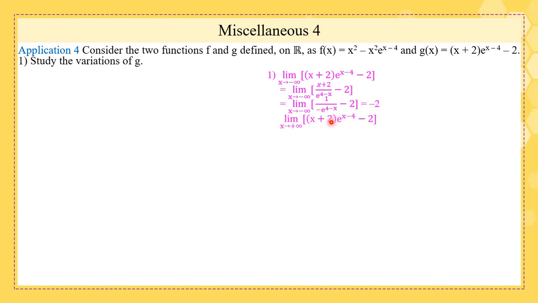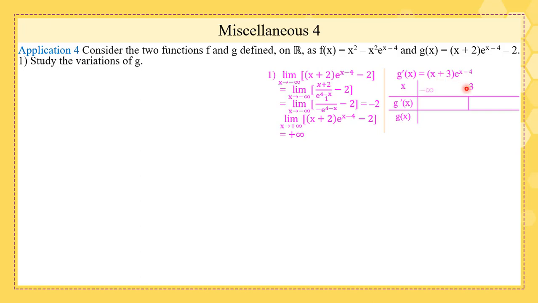Now, what is the limit at plus infinity of this expression? Just by substituting, this is plus infinity and this is plus infinity, so it will be plus infinity. Now, if we continue and we find g prime of x, this is of the form u times v, and we get (x+3) times e^(x-4). Now, for the table, e^(x-4) is always positive, but x+3 could be negative or positive, and it vanishes at negative 3.